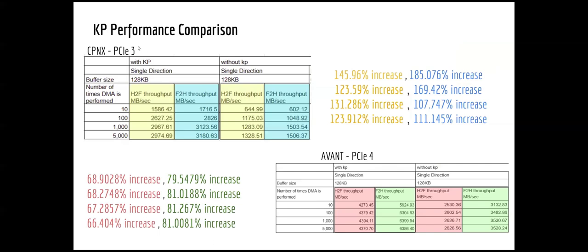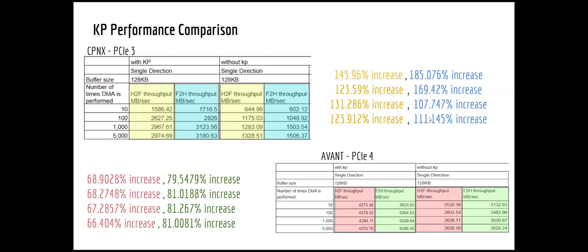So here we can see some nice data in CP-NX. This is PCIe 3. We have tested the host to FPGA with kernel plugin in a single direction and without kernel plugin. And here you can see the results after 10 routines, DMA routines, 100, 1,000, and 5,000. And here is the other direction, FPGA to host with kernel plugin and without kernel plugin.